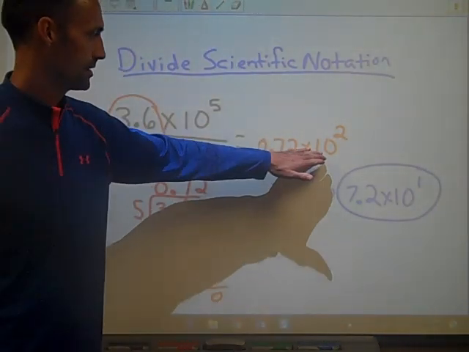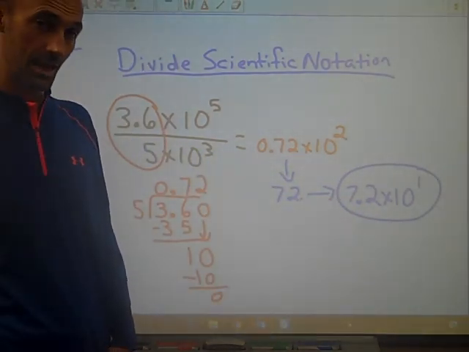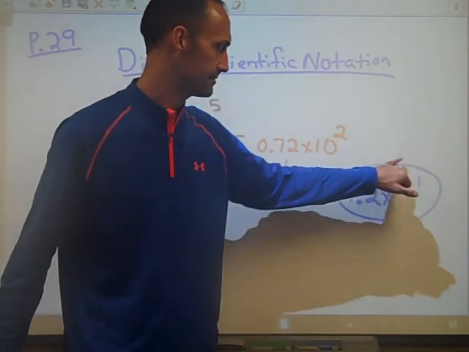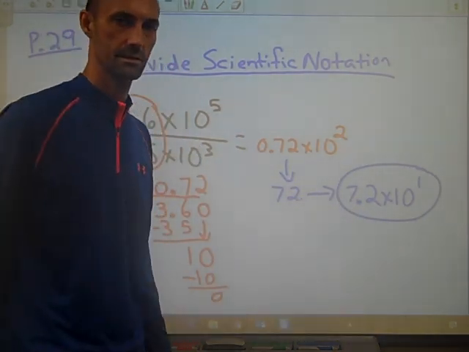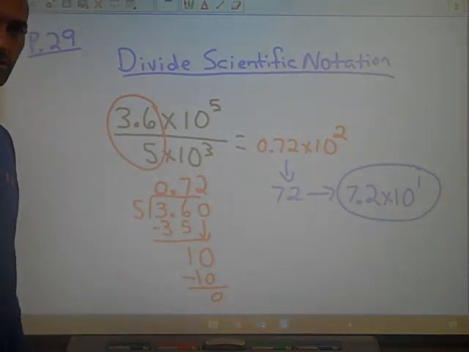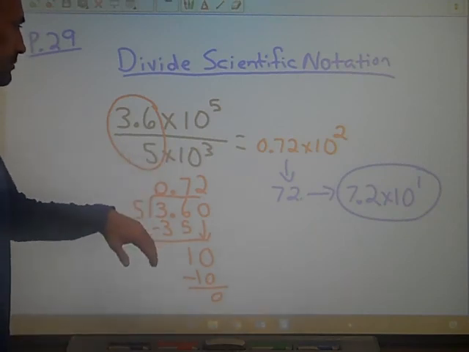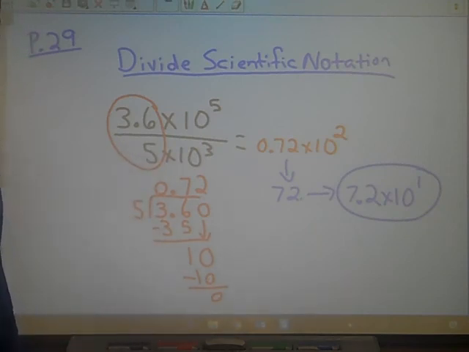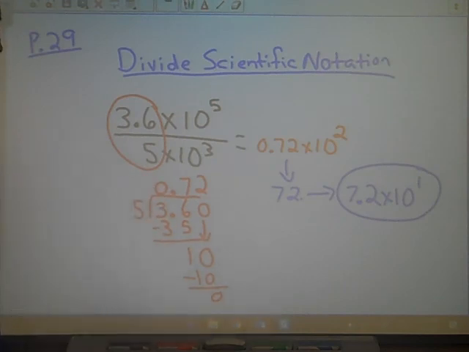So this and this are the same number, they equal the same thing, but we have to write it in scientific notation with the decimal behind the first digit that is not a 0. I know it might be a little confusing, seem hard to figure out at first, but we'll get to a few examples later in class and in our packet, and we'll talk more about that. And like always, make sure you have all of this in your journal.